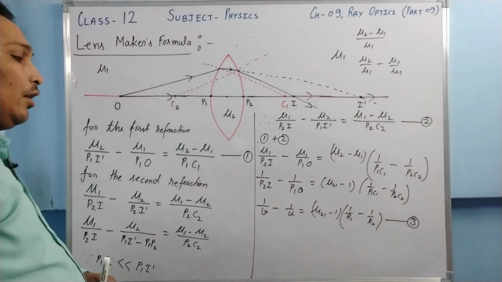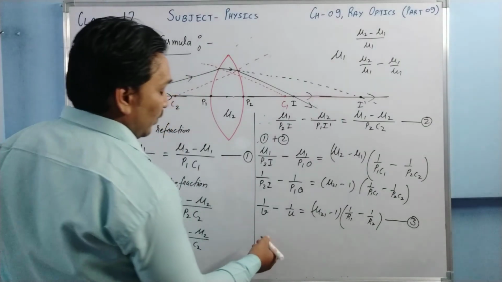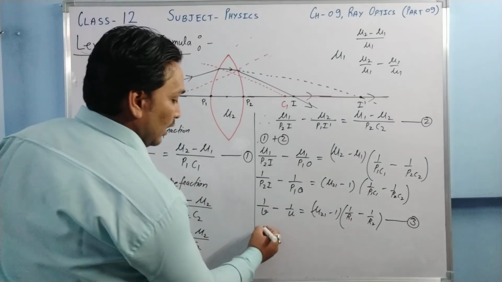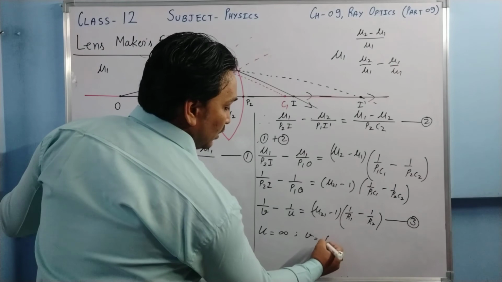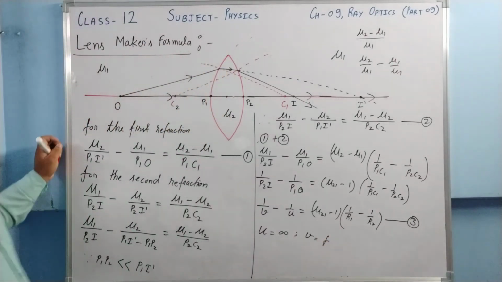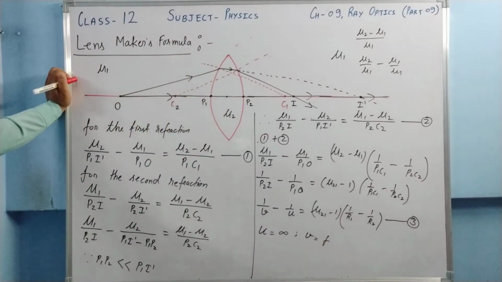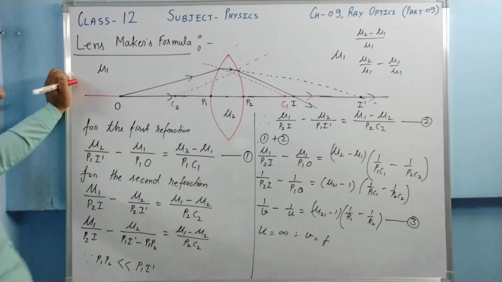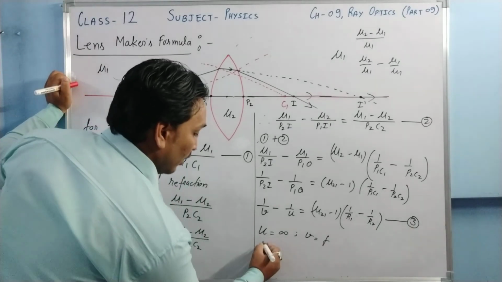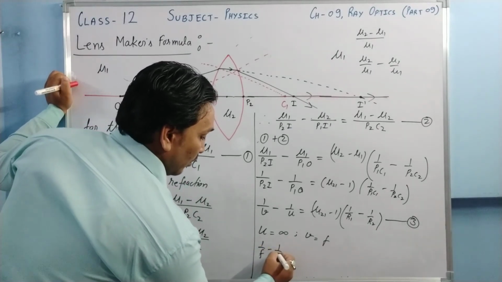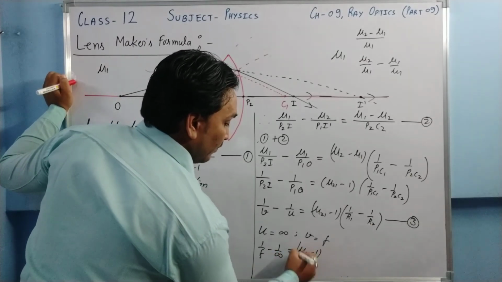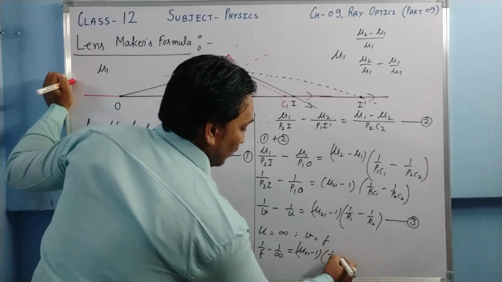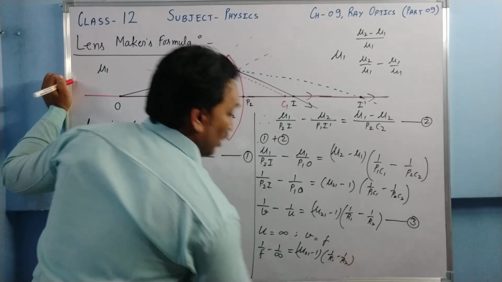Now here one thing is there. By the basic definition of focus, if the object is at infinity, the image must be formed at focus. So if we put this value over here, we'll get 1 upon f minus 1 upon infinity is equal to mu 21 minus 1, 1 upon r1 minus 1 upon r2.